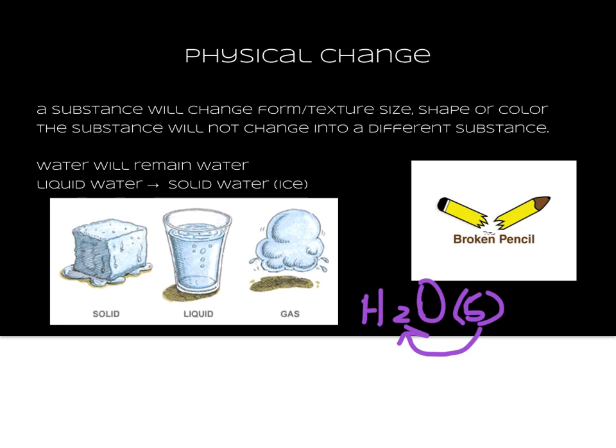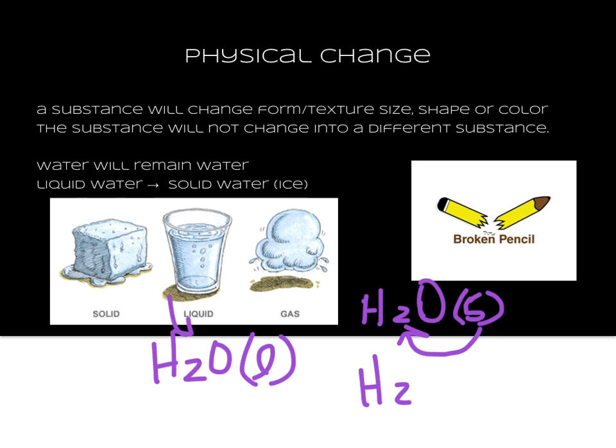If we wanted to denote that the water is in the liquid phase, H2O, we would place a little L after the H2O. If we wanted to say that the water was in the gaseous phase, we would put H2O with a G after it. So S stands for solid, L stands for liquid, and G stands for gas.